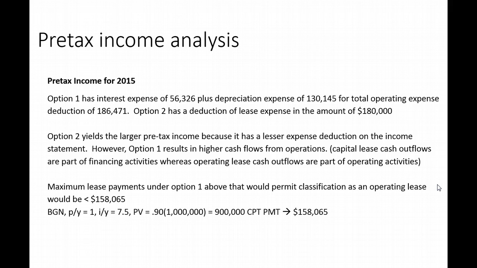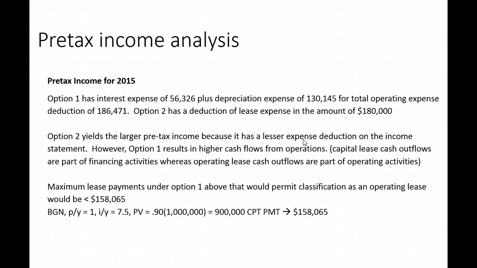That means that option number 2 has less expense deduction, and therefore option number 2 would result in a higher pre-tax income. So if we have management that is concerned with the amount of income that's going to be recognized, in this particular case, option number 2 would have an improved picture of income because it has less expenses recorded.